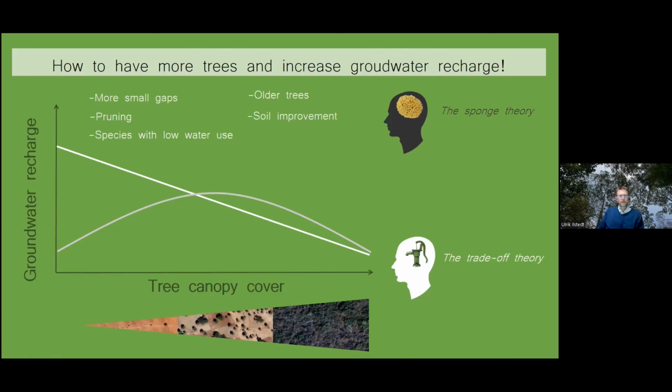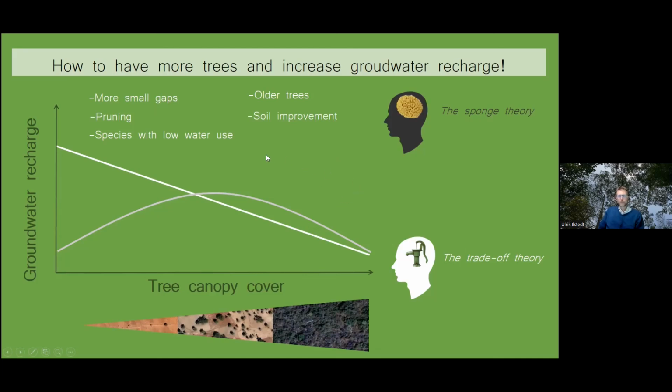And the interesting thing then, I think, which is also part of what I want to emphasize here, is that we can do a lot of things now. Suddenly people have not been talking about what we can do for improving groundwater recharge, what kind of management options we have.